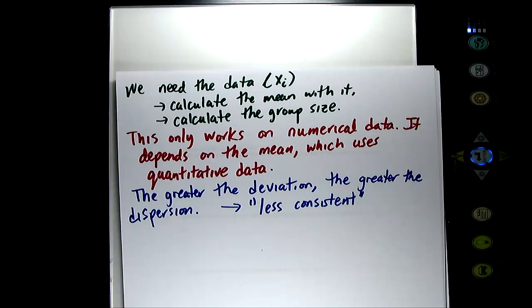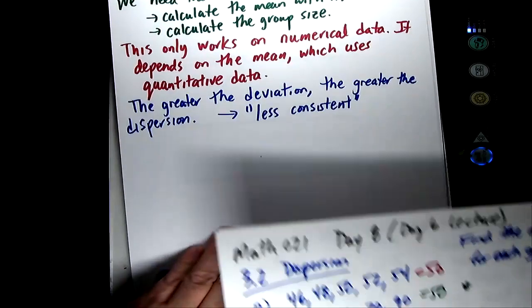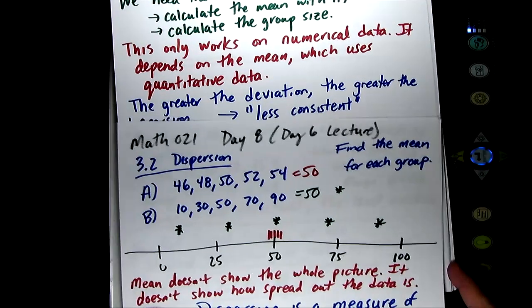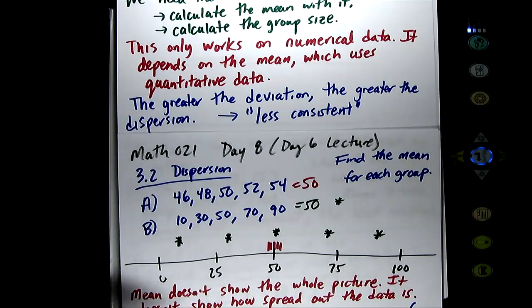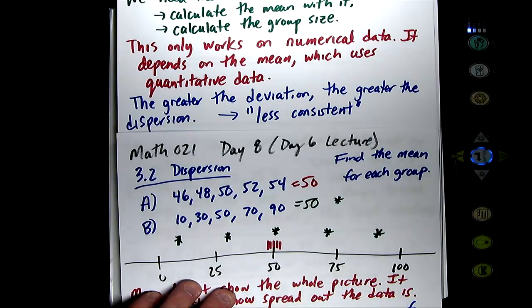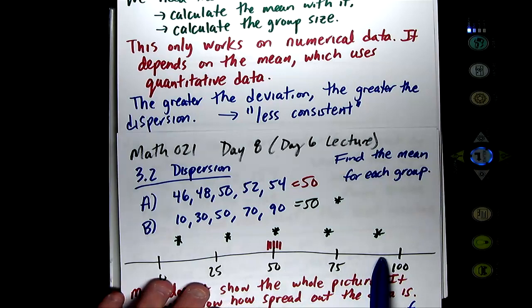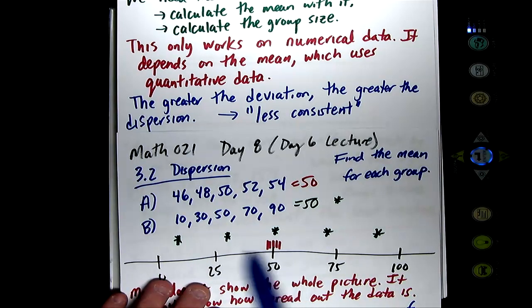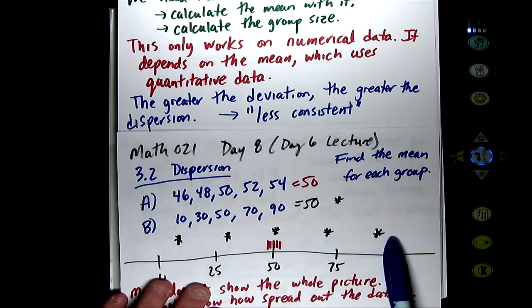And there's a simple reason why we call it less consistent. Let's go back and look at those dots that we had on that number line. The red one consistently got around 50. Like if these were smaller numbers, let's say this was 5 and close to 5, and this was like 1, 3, 5, 7, and 9.